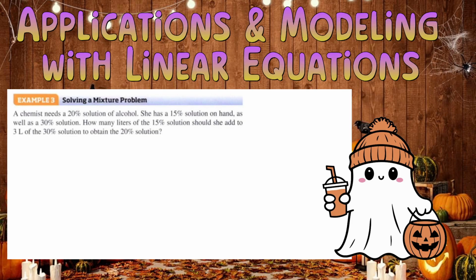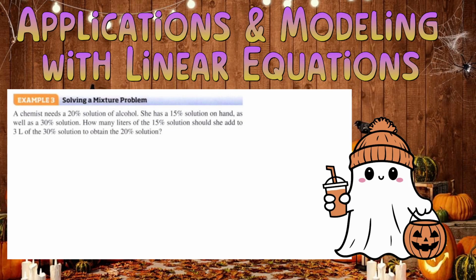But we can calculate how many liters of the 15% solution she should add to the 3 liters of the 30% solution to obtain a 20% solution. So what do I have to do to mix it so it becomes 20%? It's like mixing paint colors, right? You put too much of one, too little of another, to make it what you want it to be.